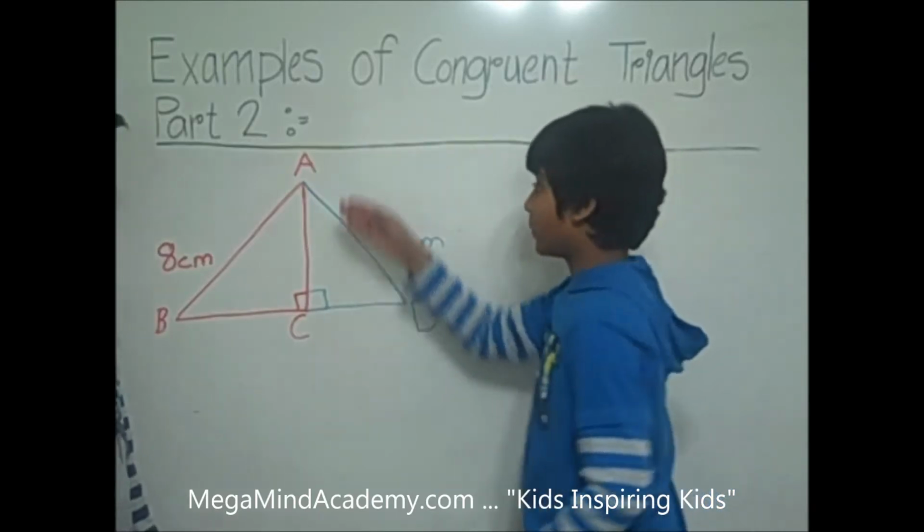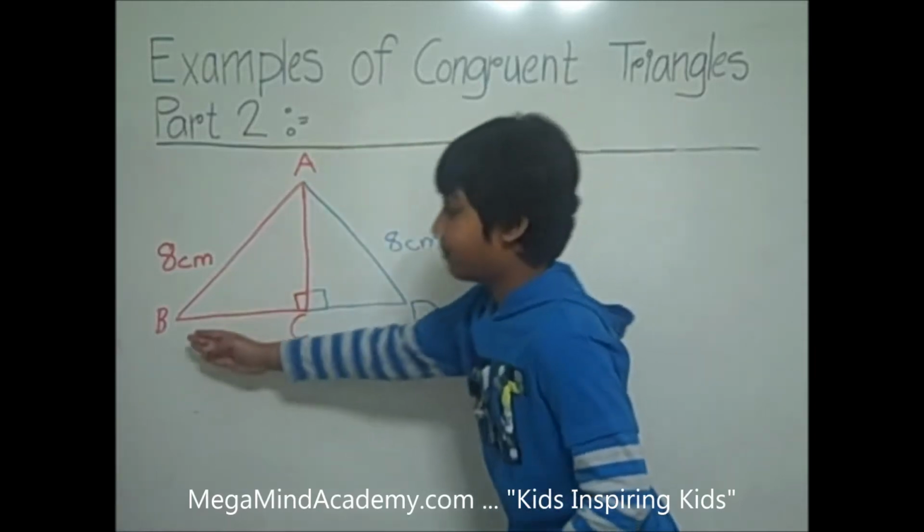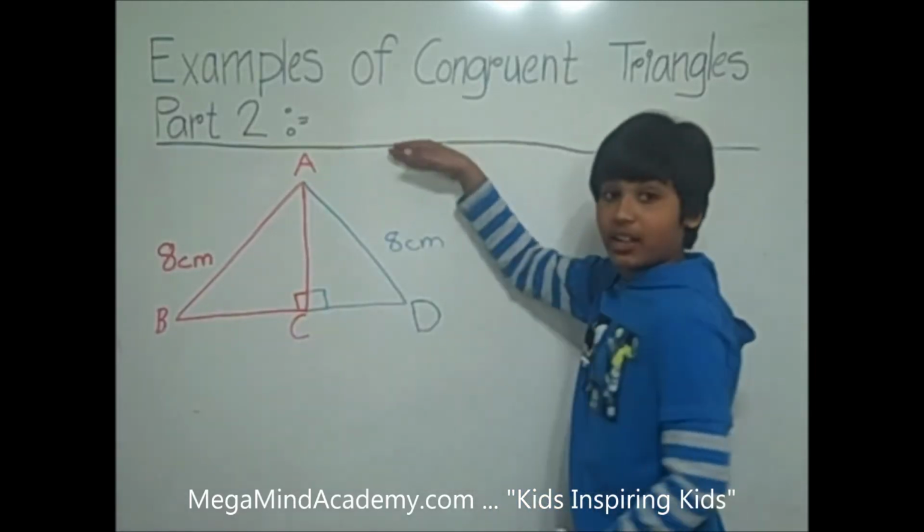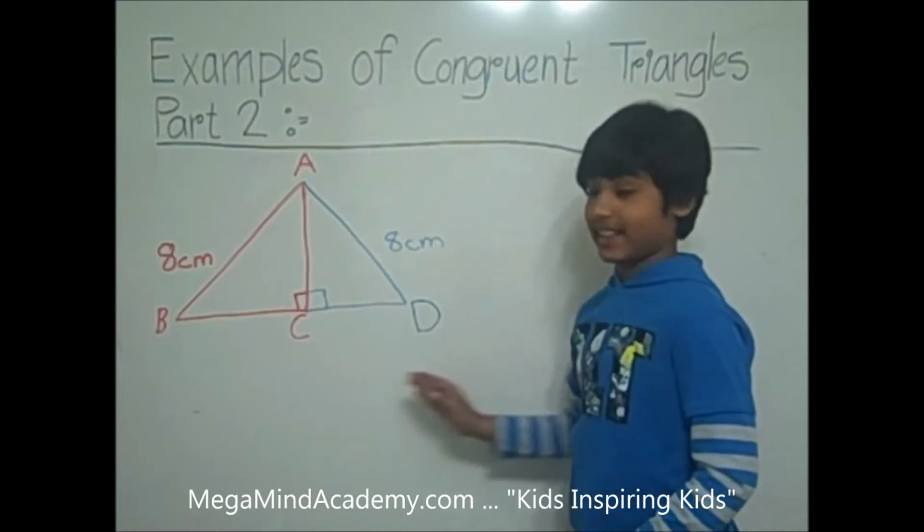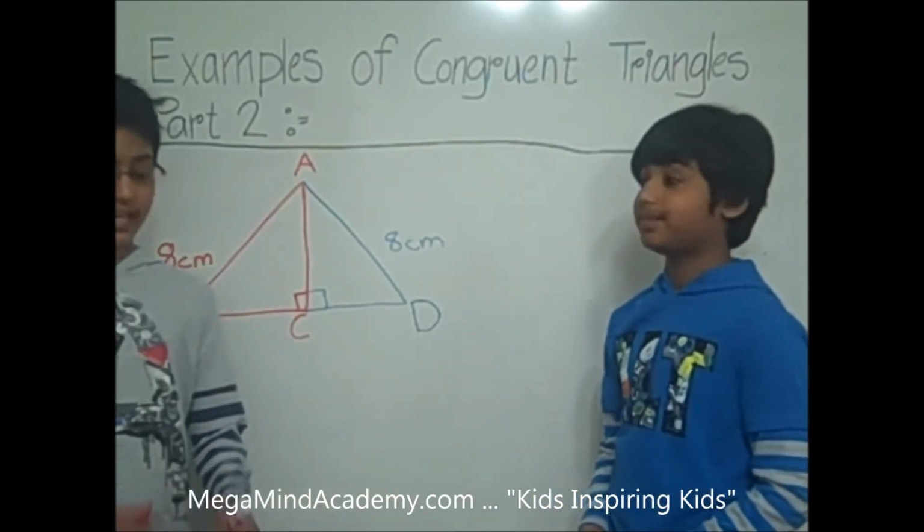By the way, the red triangle is named ABC and the blue triangle is named ADC. Now let's write that down.